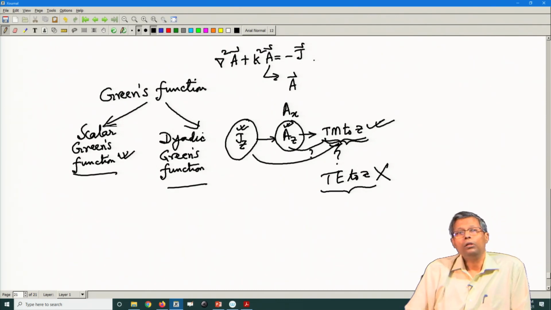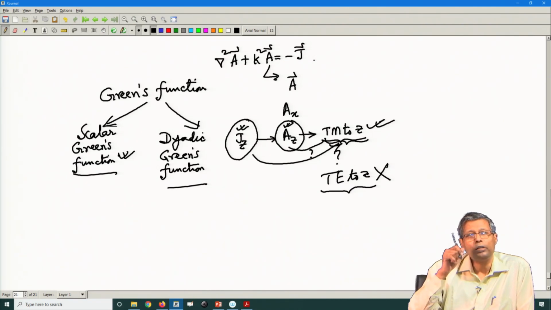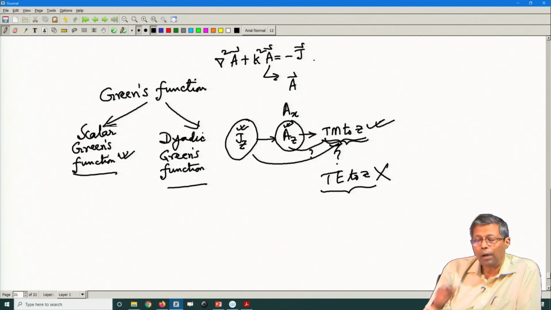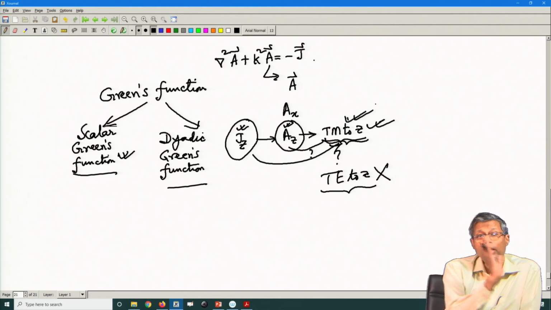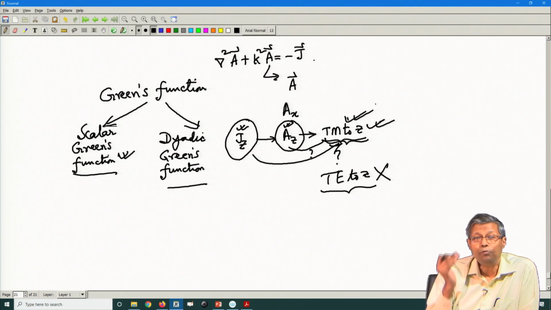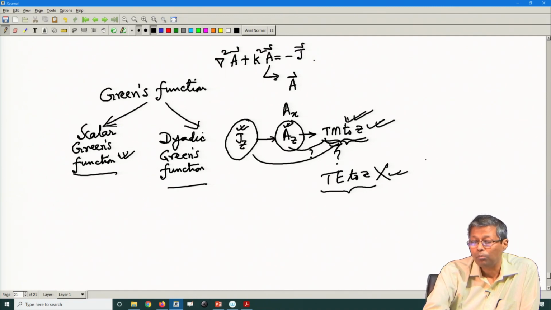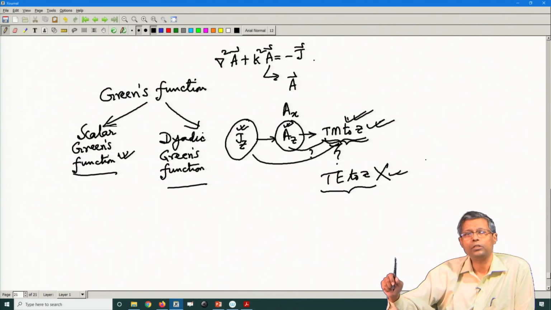People working on the scalar Green's functions always try to take advantage of the fact that a particular orientation of the source will generate a particular nature of modes. Their main purpose is to look at the polarization of the source and to see how few a number of modes they can compute. So, a priori if they know that these modes are not generated, they will not compute these modes. So, they always try to exploit the behavior of the polarization of the source vis-a-vis the modes excited.